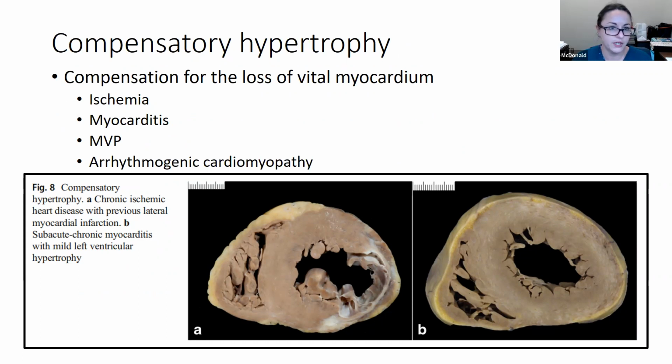So this is what occurs when there's loss of myocardium. Most commonly we see it with ischemia, but it's also important to think about inflammatory or infiltrative processes like myocarditis. You can see it localized in something like mitral valve prolapse or arrhythmogenic cardiomyopathy.